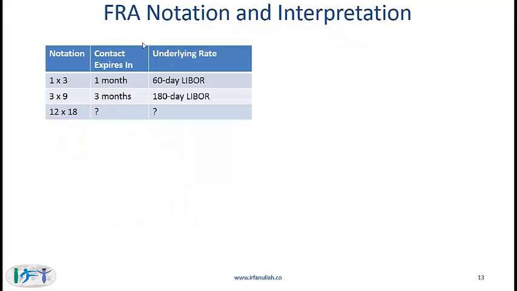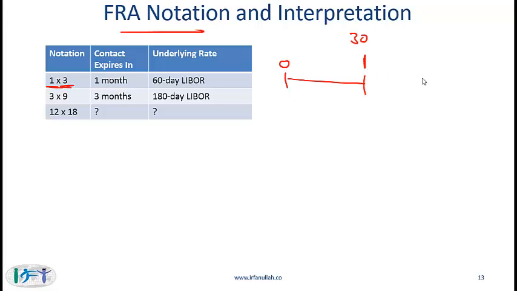Let us look at some basic FRA notation and how to interpret that notation. When you see notation such as this, 1/3, 1 refers to a 30-day period. So a 1/3 means an FRA which expires at the end of period 1, which is 30 days later.